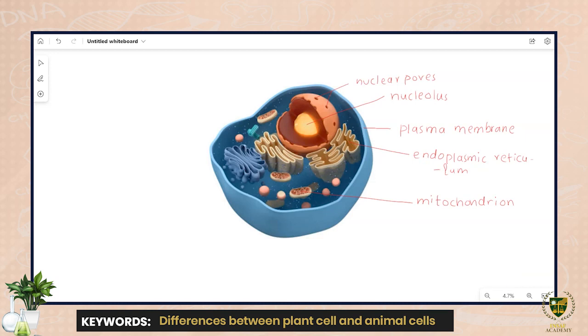And that is the centriole, which is usually absent in the higher plants. Clear? Centriole. And this one is the Golgi complex here, and this one is the lysosome.